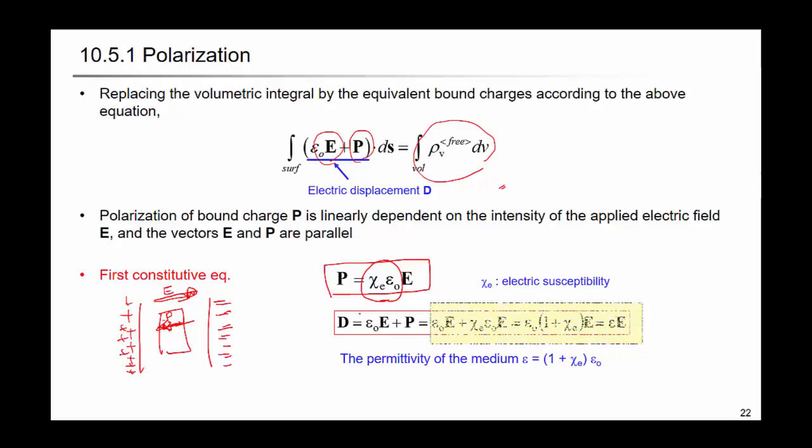And then if you plug it in here, according to the definition of the electric displacement D, the electric displacement becomes epsilon times (1 plus psi) times E. And this is the material property, denoted by epsilon.